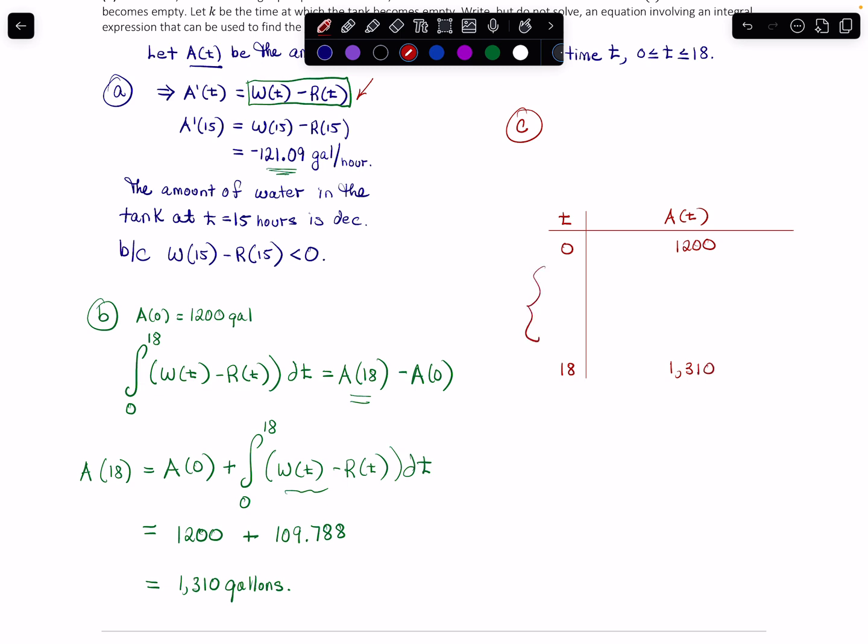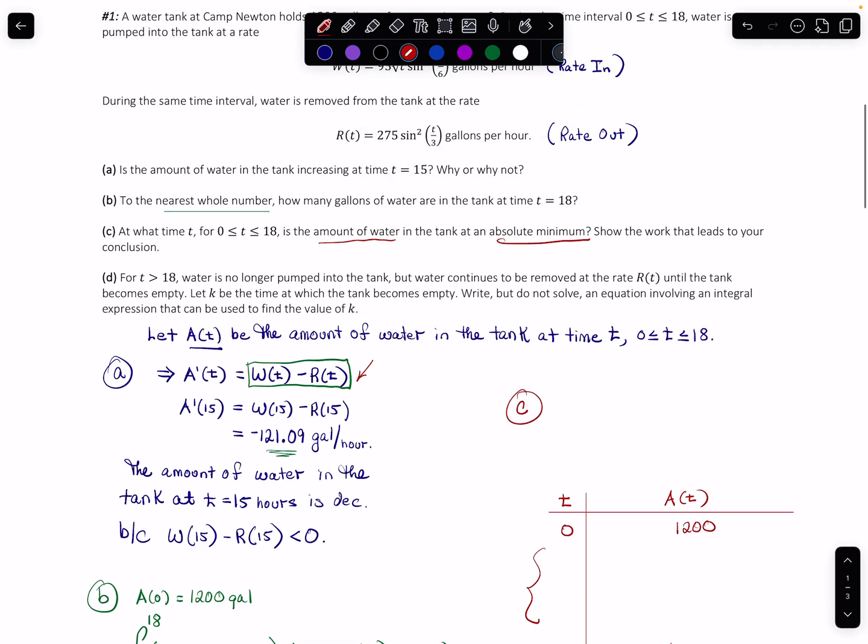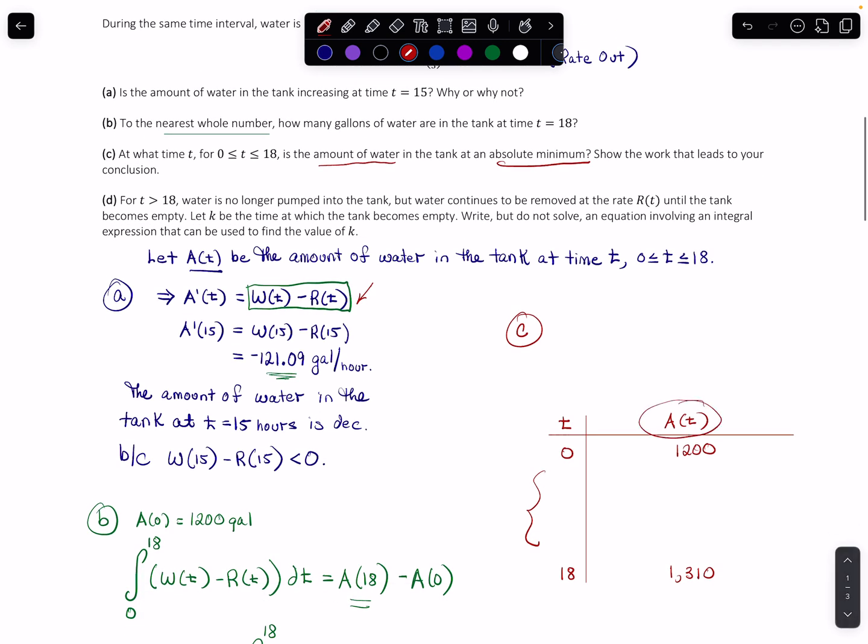The thing I have to check, and I have to explain myself on this, is are there any critical numbers inside the interval from 0 to 18 such that the derivative of A of t is 0, and are they relative minimums? Remember, it's possible that a relative minimum could be your absolute minimum.